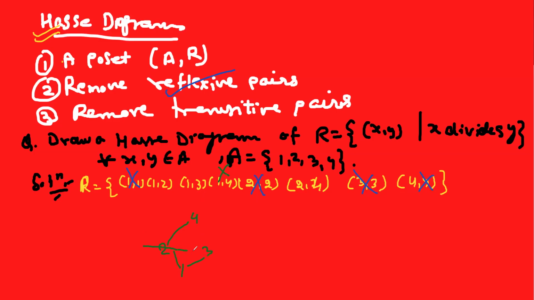1 is related with 2 and 2 is related with 4, and 1 is also related with 3. So 2 and 3 must be on the same level because 1 has 2 children. 1 is related with 2 and 2 with 4. Right? So this is the hash diagram. You can note this.